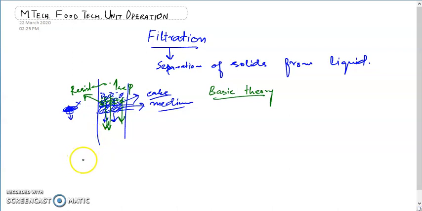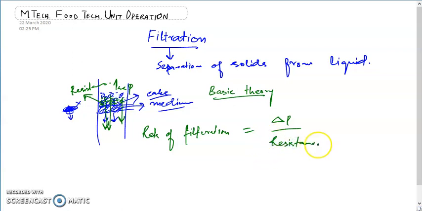So the rate of filtration can be written as driving force, which is change in pressure, divided by resistance R. The driving force is the pressure required to maintain the flow rate of a filtrate through a filter medium, and the resistance depends on several factors.